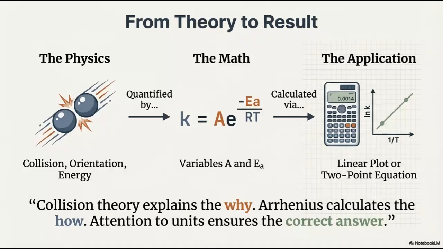So to summarize what we just did, you have the physics of all this, which is the particles have to collide, they have to have the right orientation, the right energy. We took all that information and put it into an equation that we can use to do some type of calculations and make predictions. And that is your Arrhenius equation. And those factors that I just mentioned are embedded into the A and the Ea aspects of the equation.